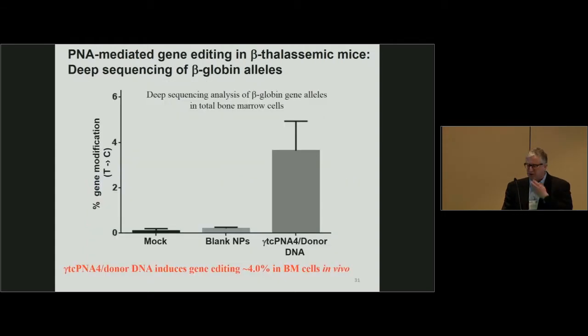Now, what frequency of gene editing did we achieve? Well, it turns out in total bone marrow, it was, as you can see here by deep sequencing, about 4% of the total bone marrow cells. So this is not separating out any particular marker. We found about 4% gene editing.